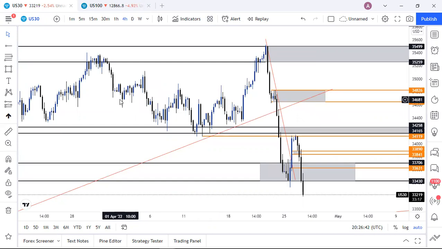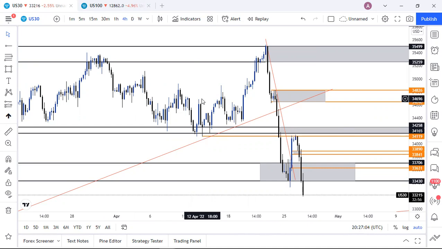USDT was pushing up yesterday. It pushed up and completed the trend today, I think earlier in the morning. Then when the London session opened, it started to go down.